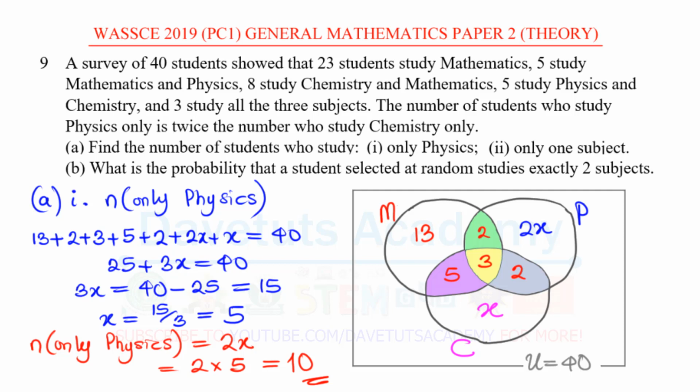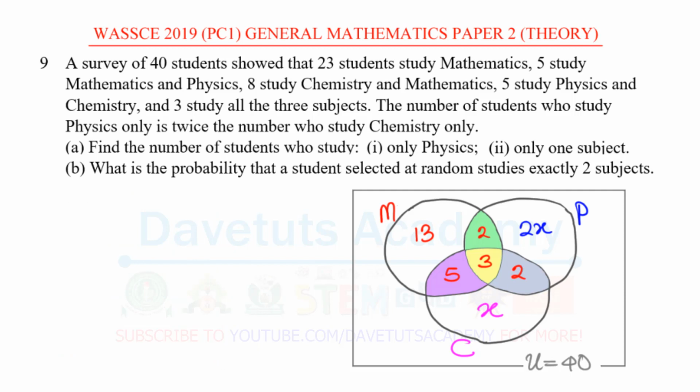We're also going to look for the number of students who study only one subject. So we want to answer our question A2 now: the number of students who study only one subject.